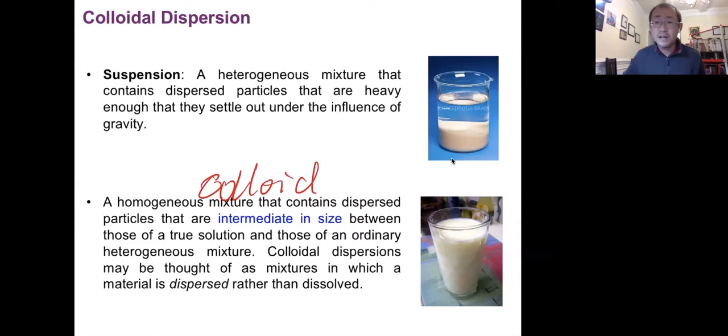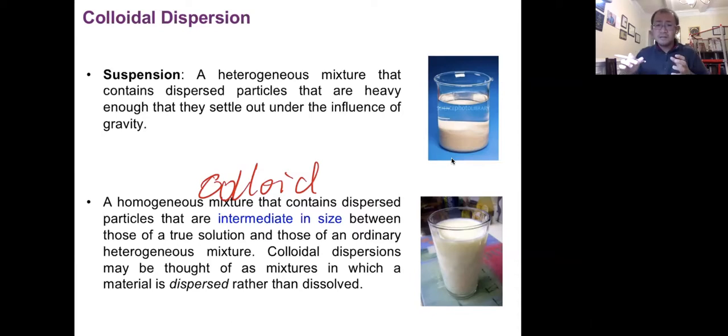The milk you drink every day, no matter what type of milk, is not a solution. The particles in the milk, mostly proteins or lipids, are bigger than small molecules. So normally milk is not clear, but the proteins are not settling unless the milk has gone bad. So milk is an example of a colloid.